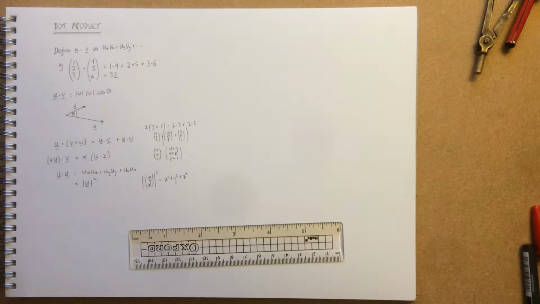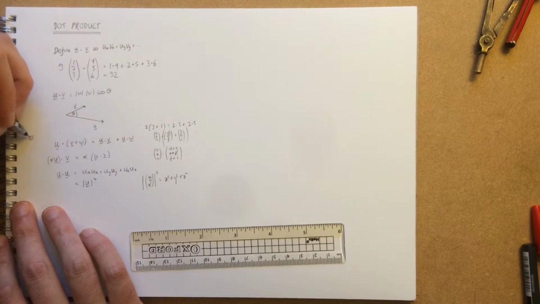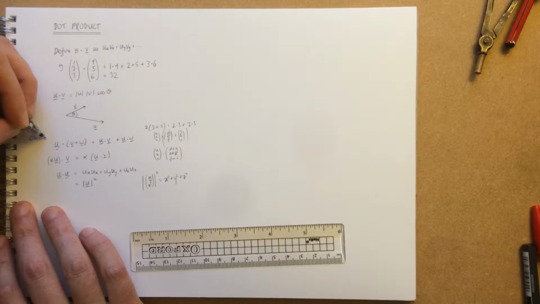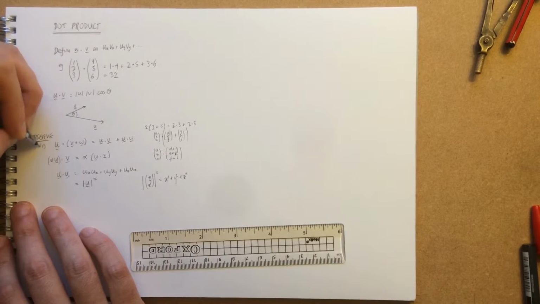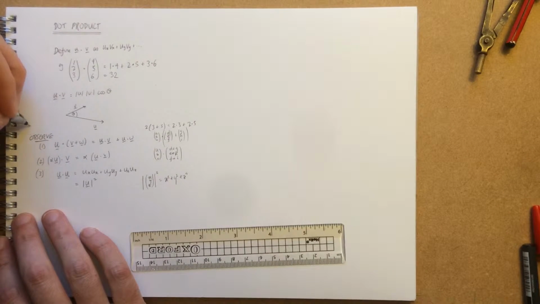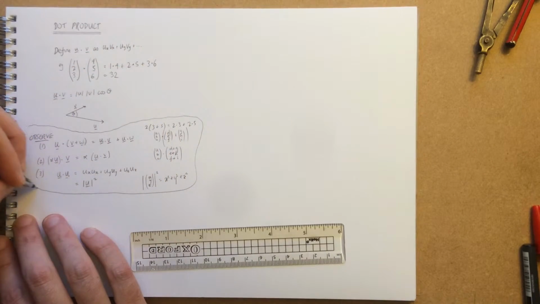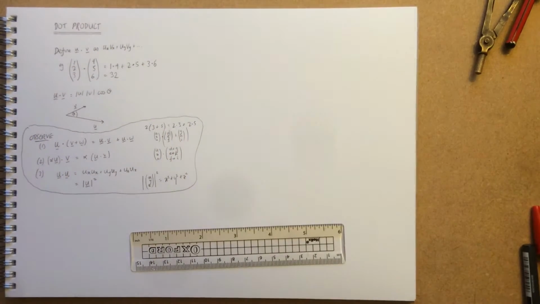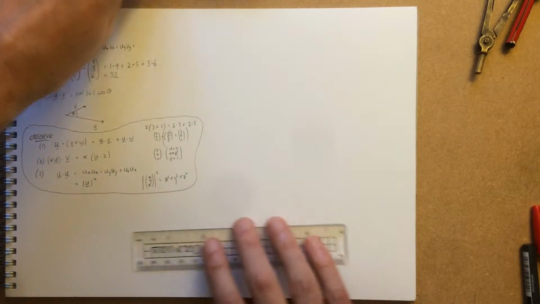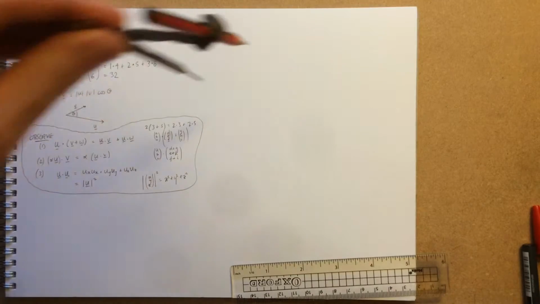Okay, so armed with this information about the dot product, observe these three things. 1, 2, 3. Let's put that in a bubble. So let's start with a unit circle.